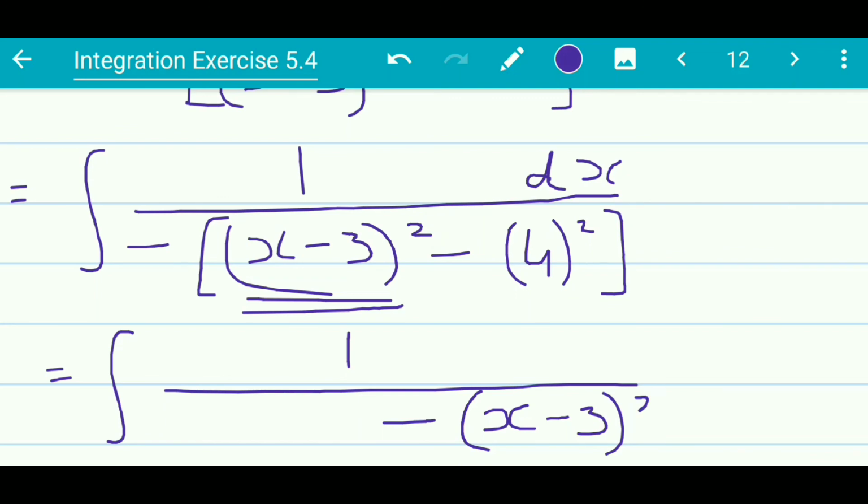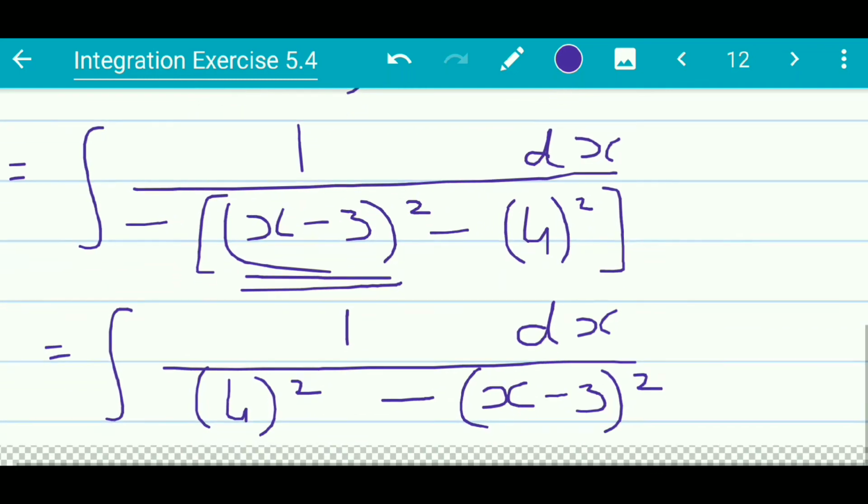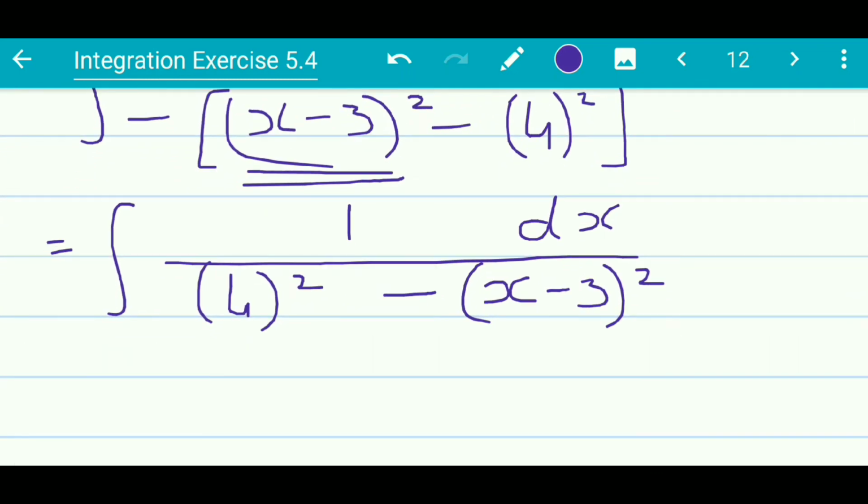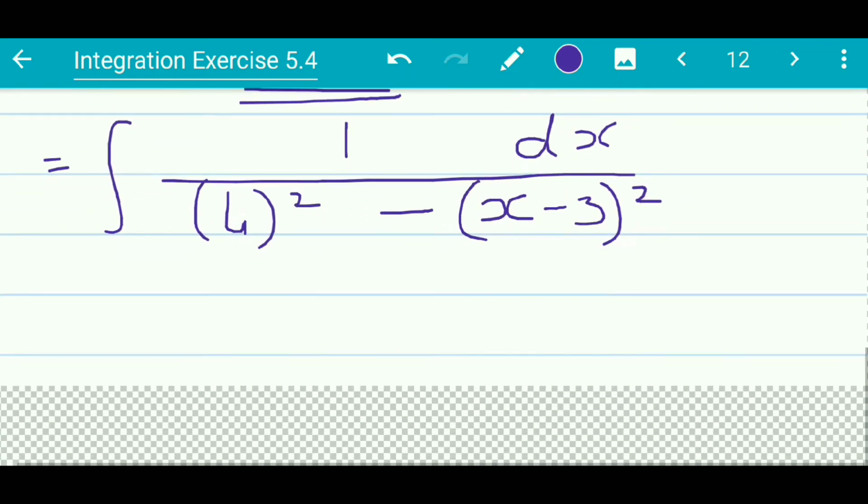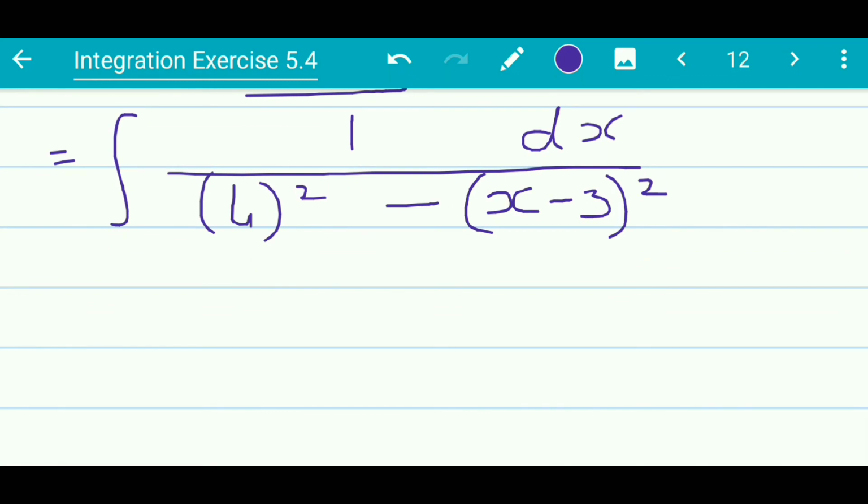And the negative term inside the bracket becomes positive when we open the bracket, because minus into minus is plus. So we get 4 the whole square. Now compare it with both the results. You find that this is similar to the second result, that is 1 upon a square minus x square, where a is 4 and the x term is x minus 3.